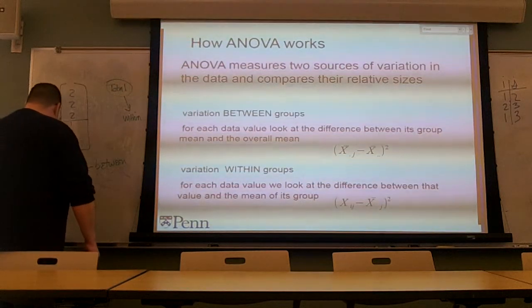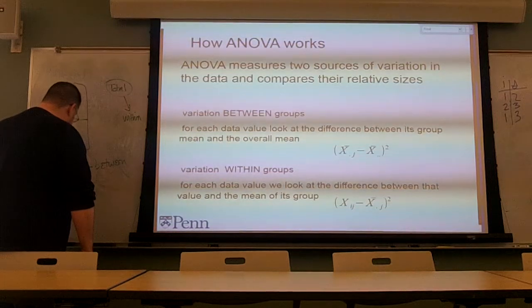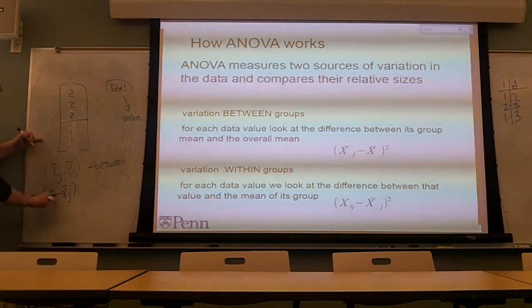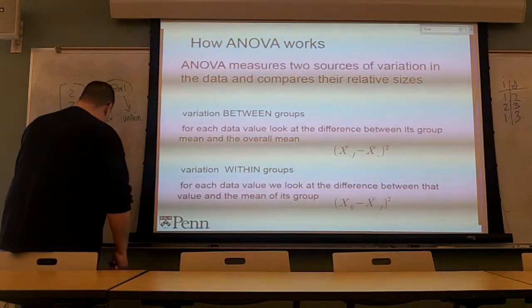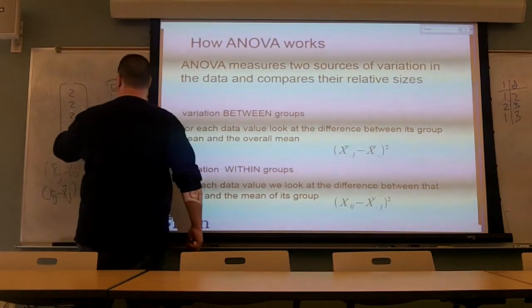And then we talk about the extent to which the individual scores, the X_ij's, vary around their respective group means. That's within group variance.